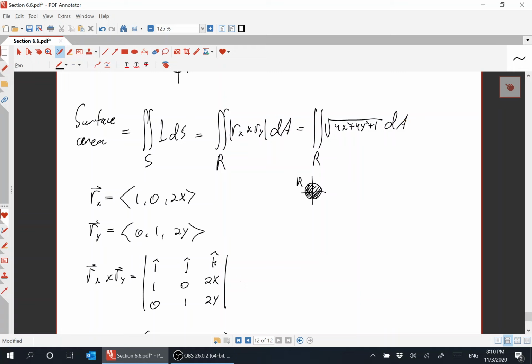Okay, so this is an integral with x and y. Now how am I going to calculate it? I either have to iterate it in terms of x and y, or I could decide, well, I'm going to do a conversion. Now let's convert to polar.